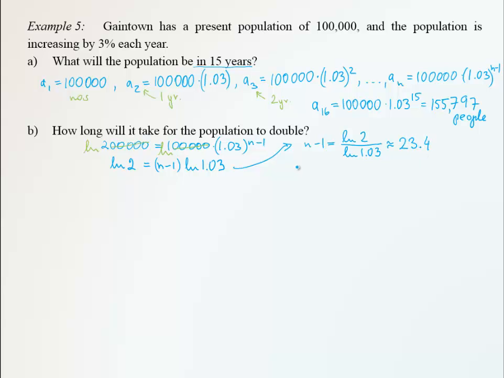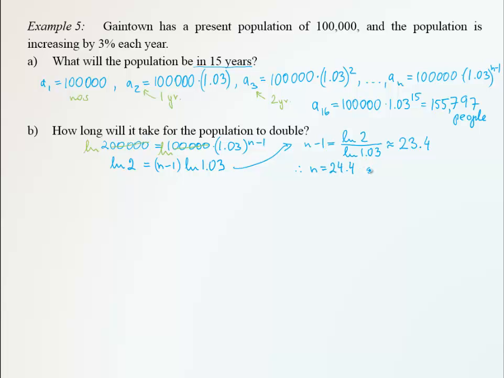23.4. Therefore, n by itself is 24.4 after adding 1 here. And what this n really represents, remember, the number of years is 1 less than the index. But since n is more than 24, it goes into another year.